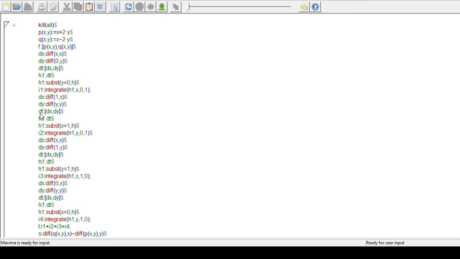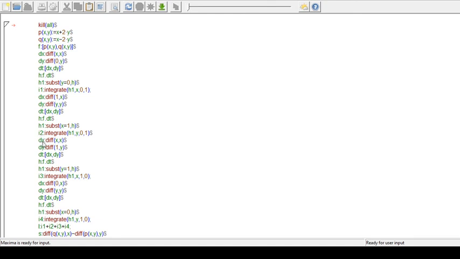And this is the list dt, which is dx comma dy. The dot product of these two, that is p dx plus q dy, is stored in h, and you have to substitute x equals 1 so that x will go off and only y will remain. That will be stored in h1. So integrate that with respect to y varying from 0 to 1. This is your line integral over c2.